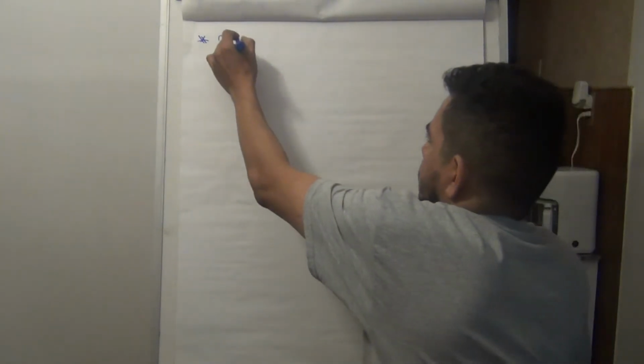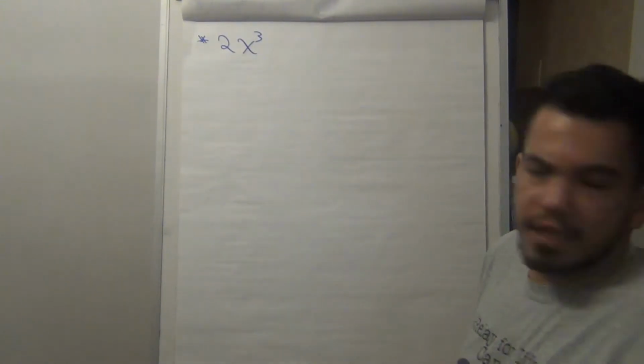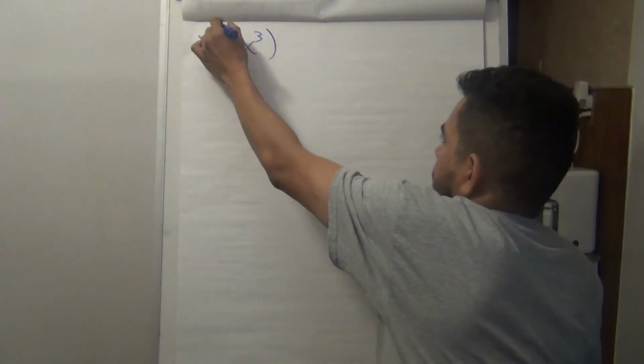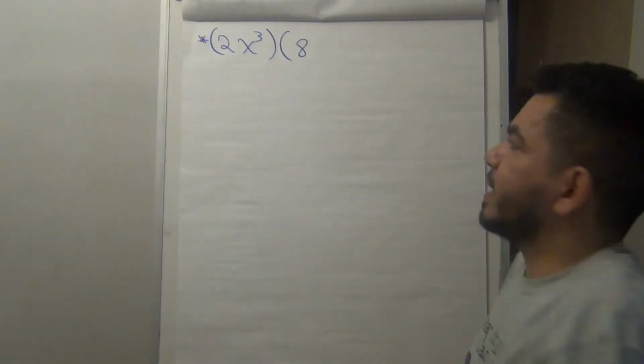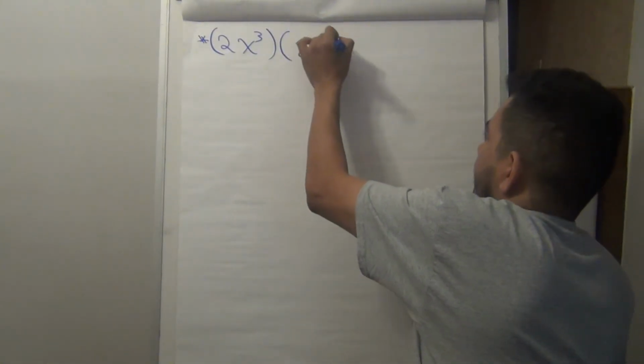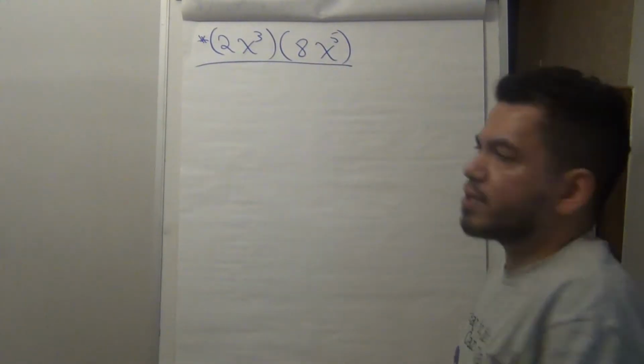So that is 2x to the third times 8x to the fifth divided by 4x to the sixth.